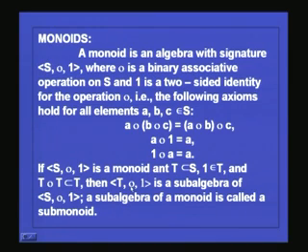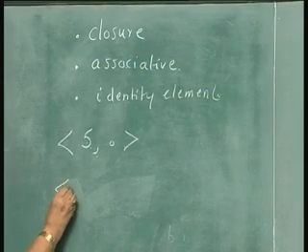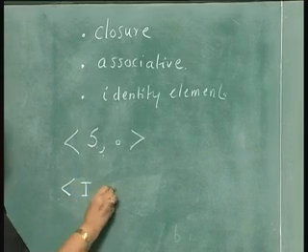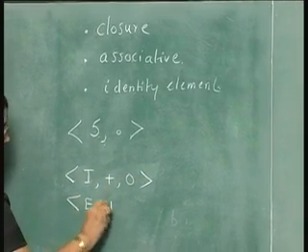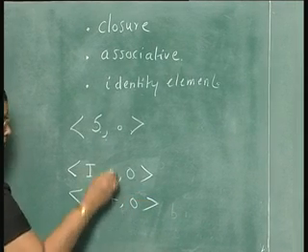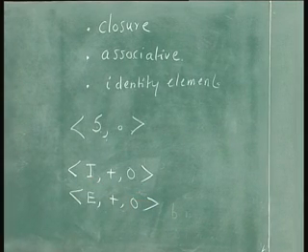Then T dot 1 is a subalgebra of S dot 1, then the subalgebra of a monoid is called a submonoid. For example, if you take say the set of integers plus 0, this is a monoid, and if you take the set of even integers plus 0, then this is a submonoid of this.